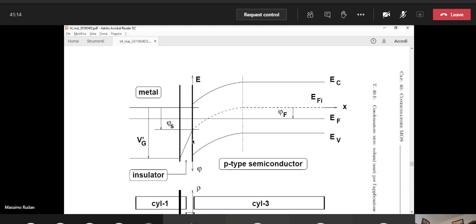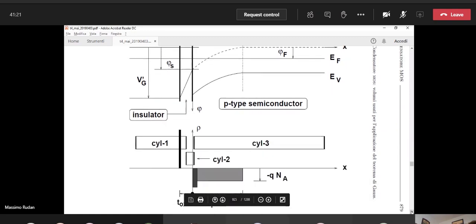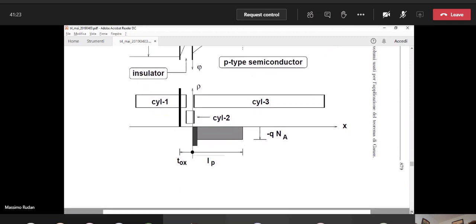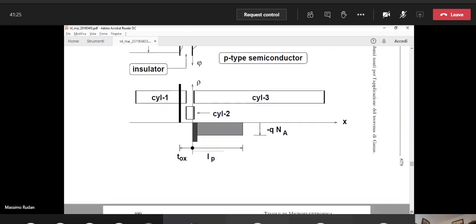Okay, so we can illustrate the distribution of the charge schematically. Of course, it is very schematic, okay? As shown in the lower part of the figure, don't mind these indications SIL1, SIL2, and SIL3, okay? They are used for some calculations.